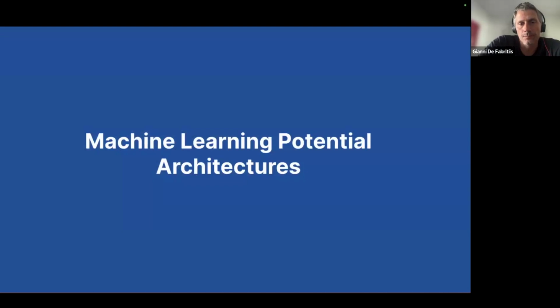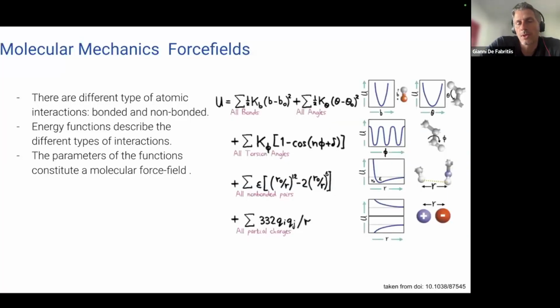Okay, so machine learning potentials. The simulation that you just saw is based on what we call a molecular mechanics force field. By molecular mechanics, we mean that we are treating essentially all atoms as Newtonian particles, so the dynamics is not quantum.